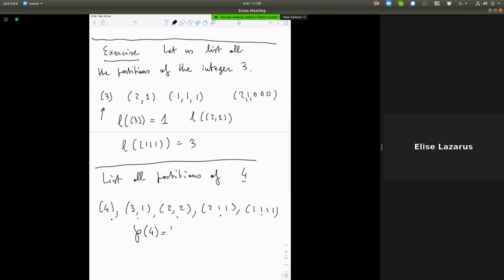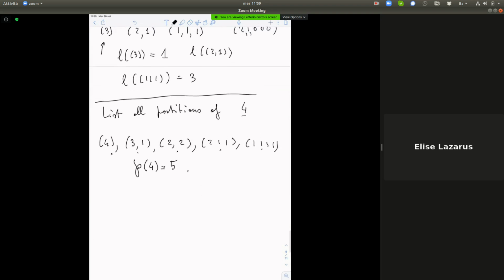5. Okay? You know that computing the number of the partitions of an integer is a very interesting problem in number theory. Well, it was solved by Euler, basically.